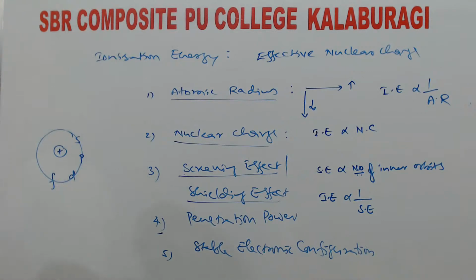Practically observed phenomenon is energy required for the removal of electron depends not only on distance but the type of subshell also. This is because of difference in the shapes of these orbitals. So even though they are present in the same orbit, their relative distance from the nucleus differs due to difference in their shapes.